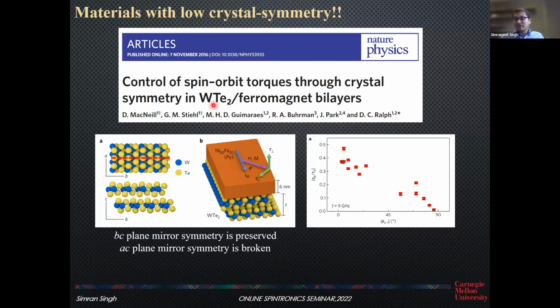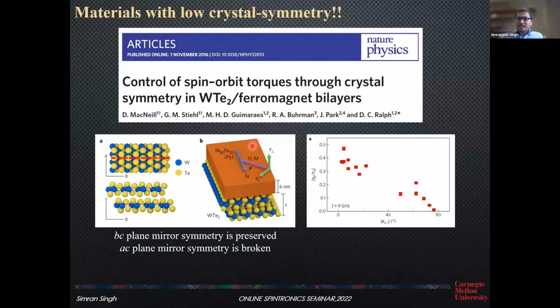It's a 2D layered material, a transition metal dichalcogenide, and they coupled it with a permalloy thin film, and quantified the different types of spin torques acting on this permalloy thin film when they apply RF current in different directions.